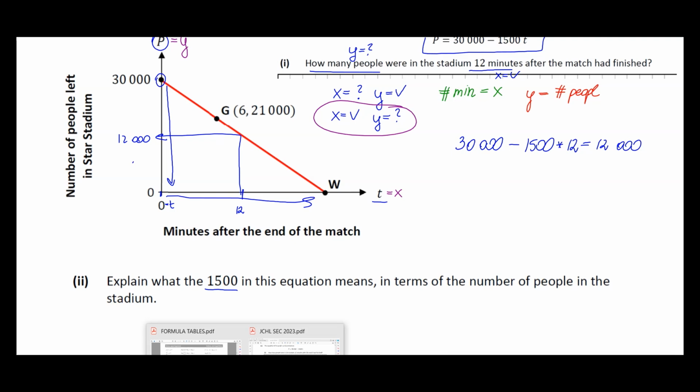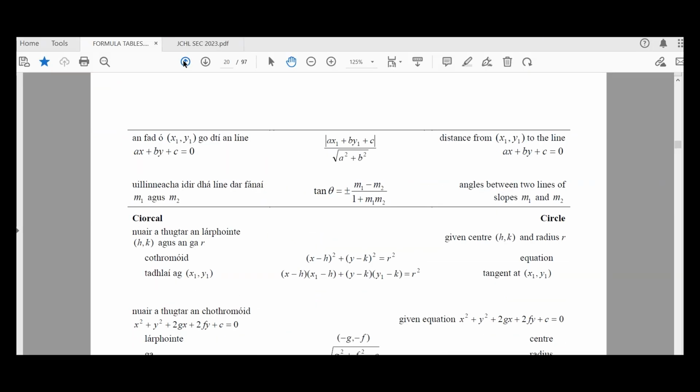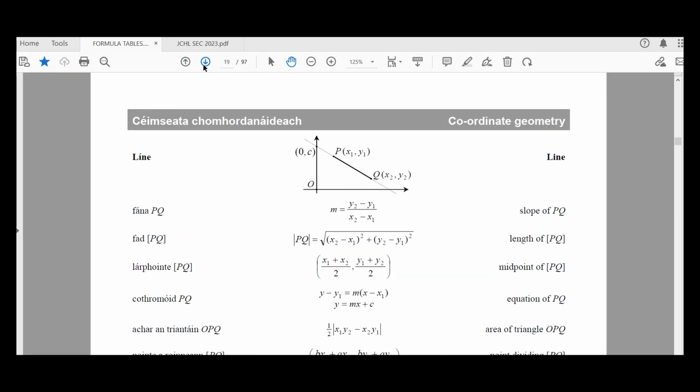Now, let's have a look at our coordinate geometry, because that's where functions exist. That's the universe of coordinate geometry. So here you have the equation of a line. Here you have the two formulas. The way our equation looks, it looks like that second formula, y equal mx plus c.